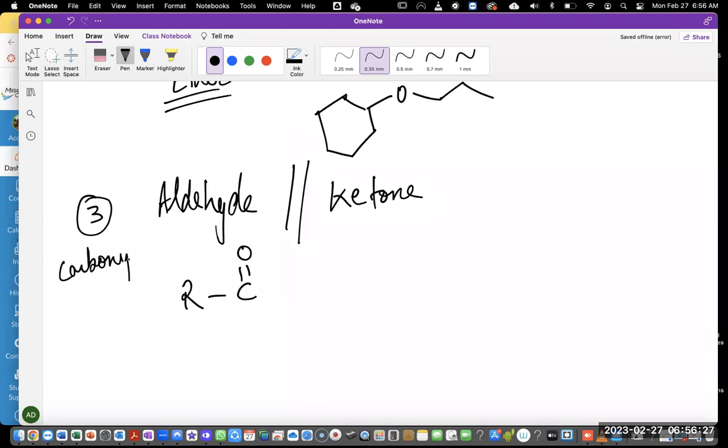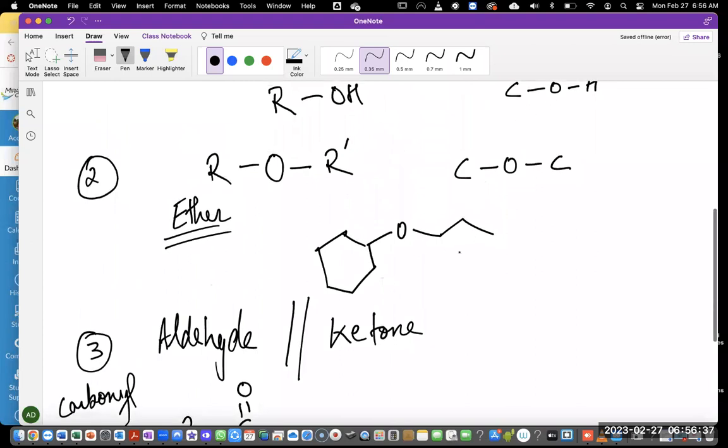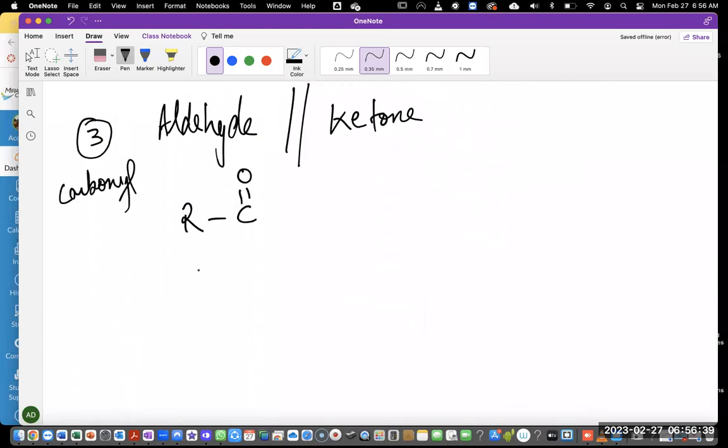So carbonyl is the term used for carbon double bonded to oxygen, not single bonded to oxygen. So this C-O or this C-O is not carbonyl. Carbon double bond oxygen, that is carbonyl. So what we have here is a carbonyl is present, and here you have a hydrogen connection.